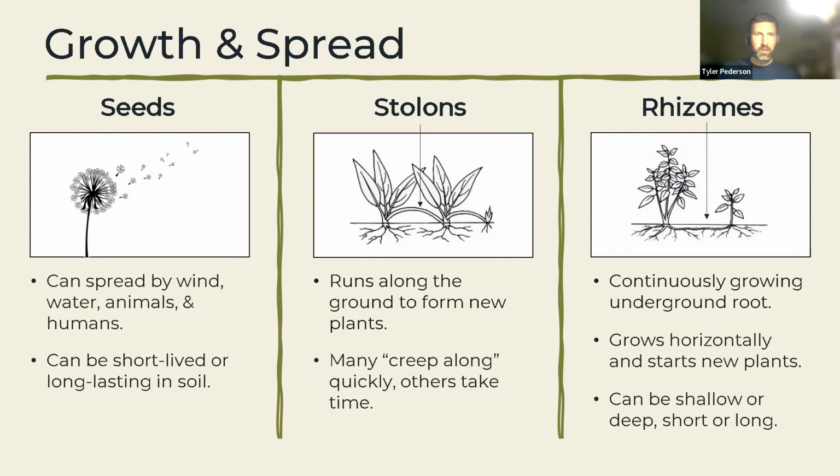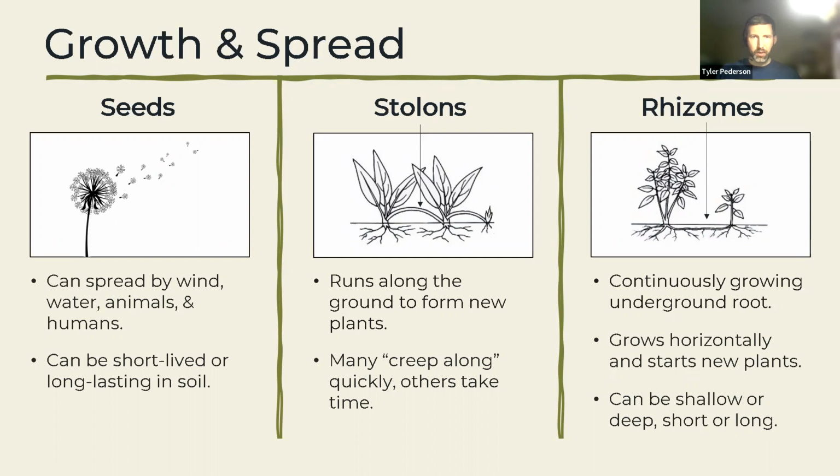So these are different ways that weeds can grow and spread. At the far left there are seeds. Usually seeds can spread by wind, water, animals, and humans. They can be short-lived or long-lasting in the soil. In the middle there, we have stolons. These are vines or growths that run along the ground to form new plants.